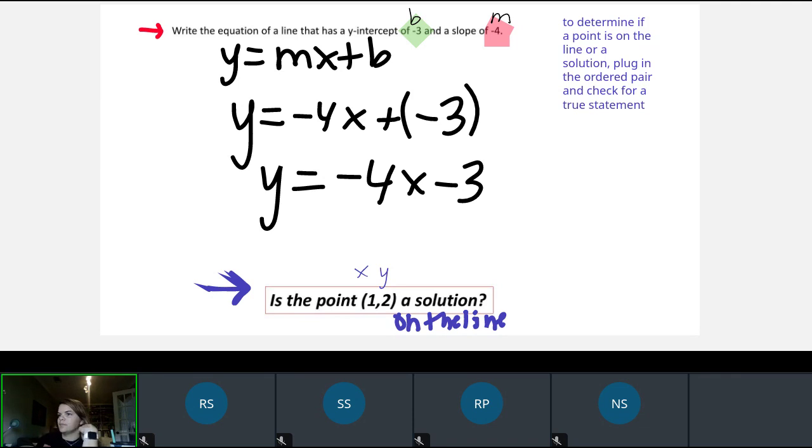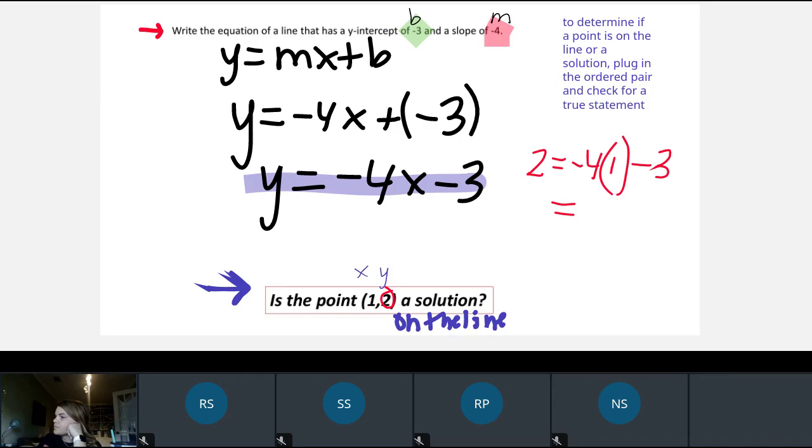Okie dokie. This is our original equation. Instead of putting a y, I'm going to put in the number 2. So 2 equals -4 times 1 minus 3. Correct, Amari. That's exactly right.